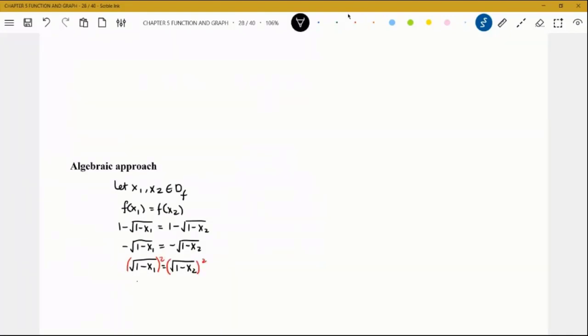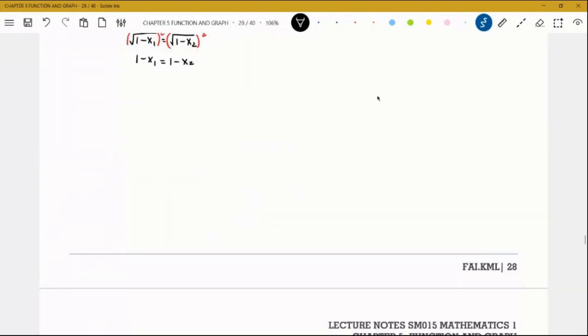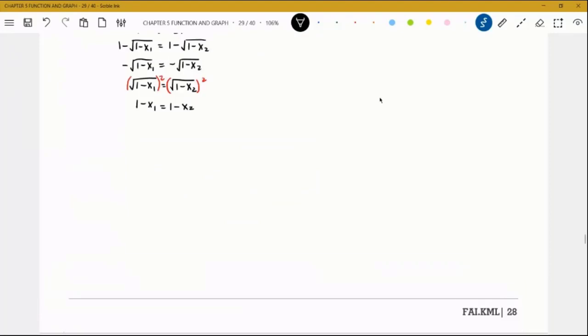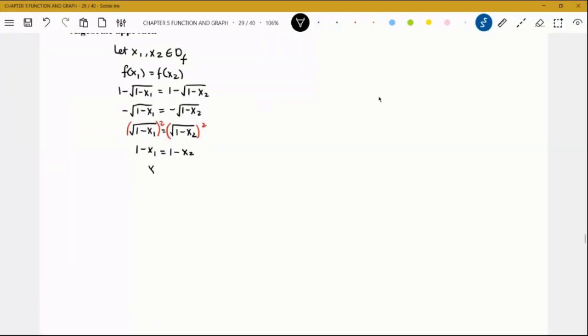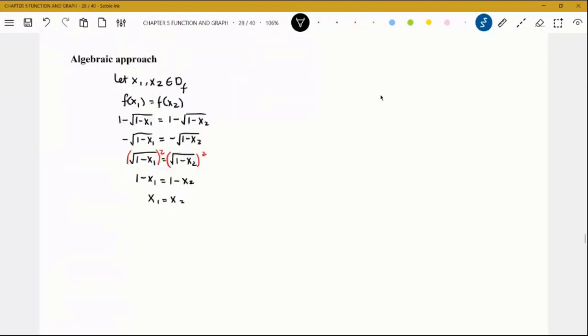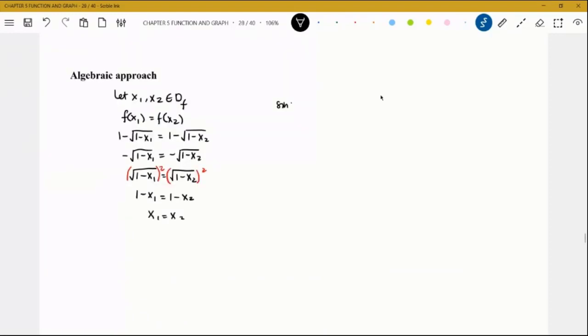So we end up with 1 minus x1 equal to 1 minus x2. So we can cancel out the 1 and negative. So it will be x1 equal to x2. So since x1 equal to x2, y equal to 1 minus square root 1 minus x is a one-to-one function.